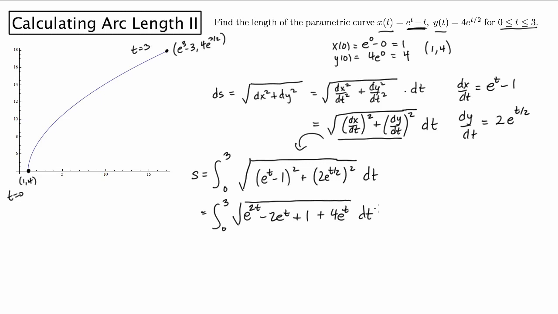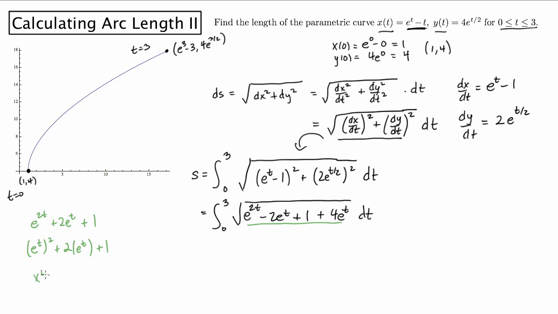If we do a little work off to the side here, what's underneath the radical at this point is nothing more than e^(2t) plus 2e^t plus 1. Basically I should treat this as if e^t is taking the place of x in a polynomial.